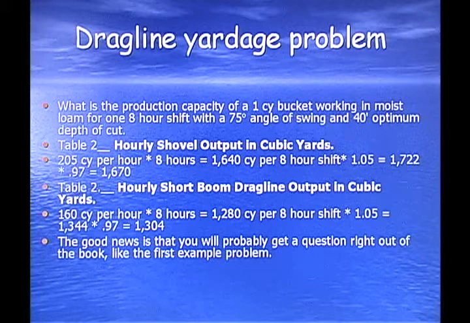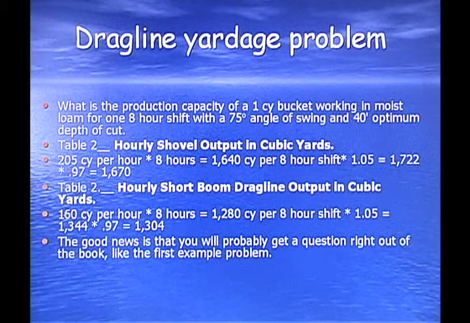If we were using the short boom dragline to solve the same problem, again, 160 cubic yards per hour times your 8 hours gives you 1,280 cubic yards per 8-hour shift, times your 105%, you're picking up your 5% for a shorter angle of swing, and then you're losing 3% because of your optimum depth of cut, and so you'd be at 1,304 cubic yards per 8-hour shift.